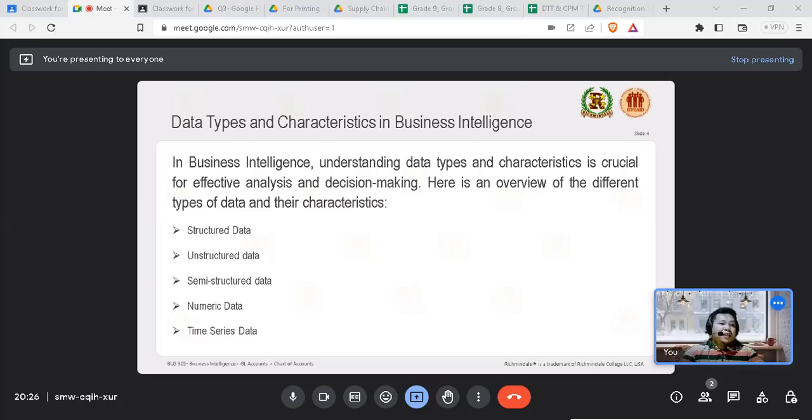So JSON represents data in key-value pairs and nested structures, providing flexibility and simplicity in representing complex data. Then we also have log files. The log files generated by systems, applications, or devices often contain semi-structured data.